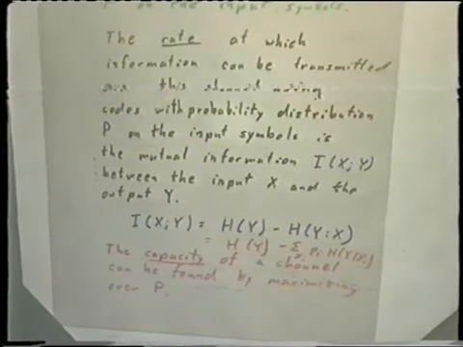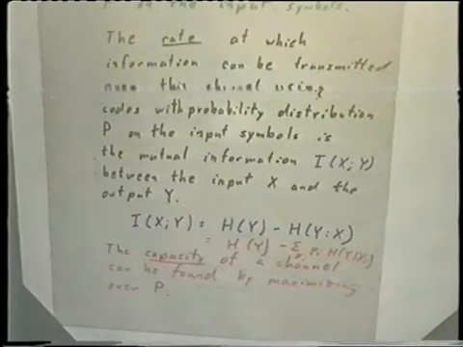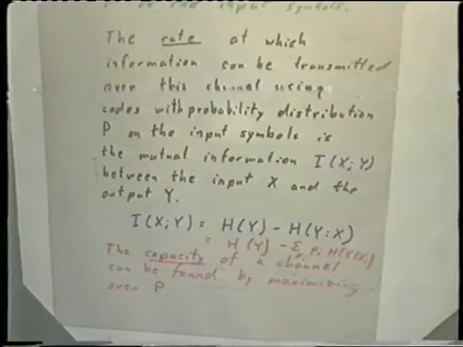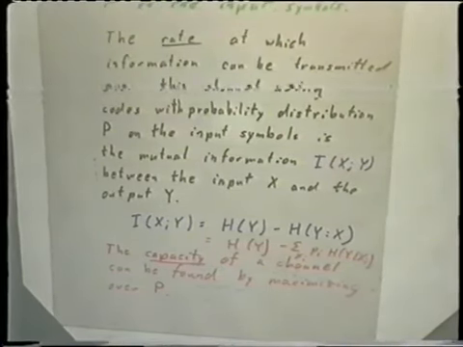And the capacity of the channel can be found by maximizing over the probability on the input symbols. And of course, there are generalizations of these theorems for when the source is not memoryless, you have the Markov chain and everything, but I won't go into these right now.